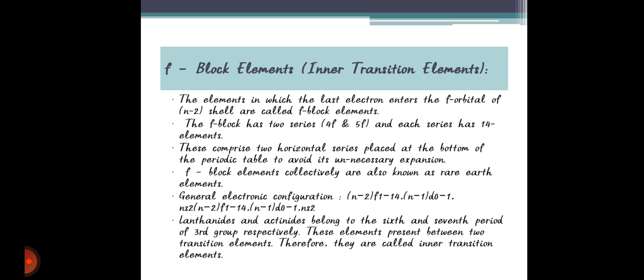They are heavy metals, they show high melting points, and they exhibit variable oxidation states. They have a tendency to form complexes. Their ions and complexes are generally colored, and elements of the actinide series are radioactive in nature.